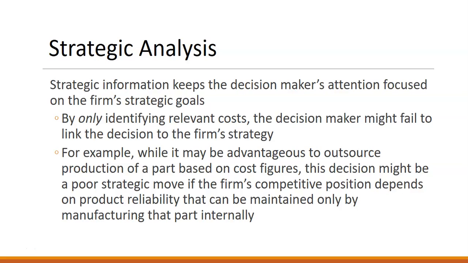But this might be a poor strategic move if we can't guarantee delivery of the product, if we can't guarantee the quality of the product, or if we have issues finding suppliers who can provide the product in the way that we want. We also have to think about any opportunity costs of what we could do with that other product area.